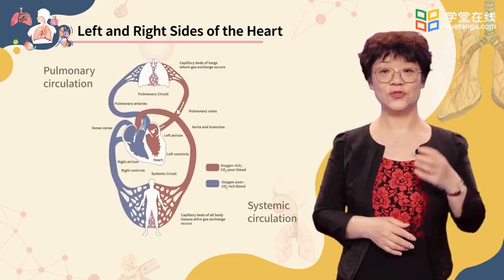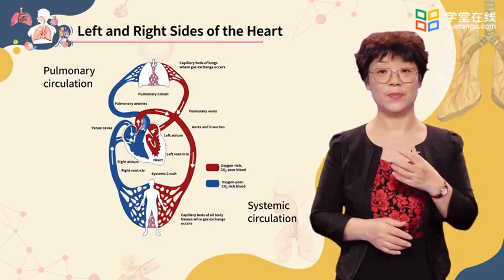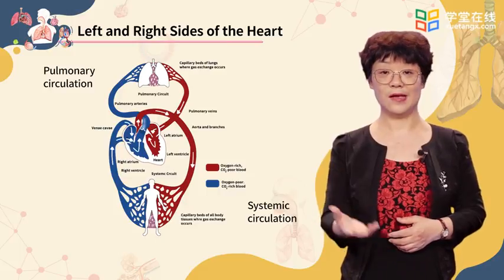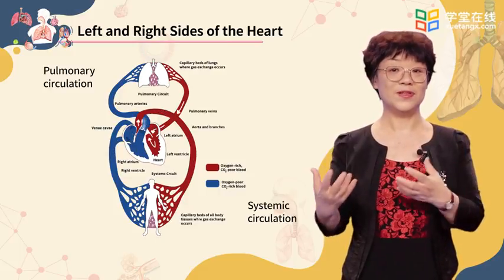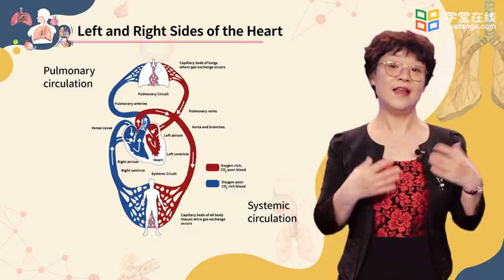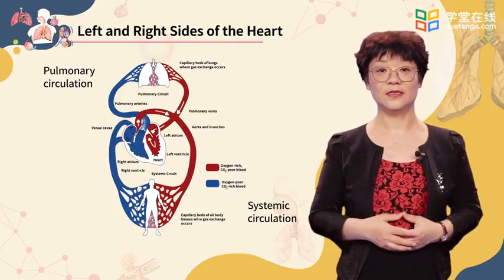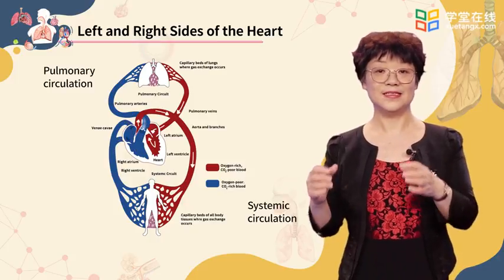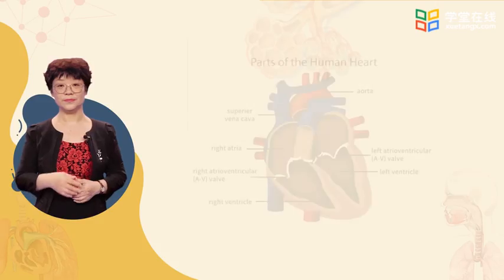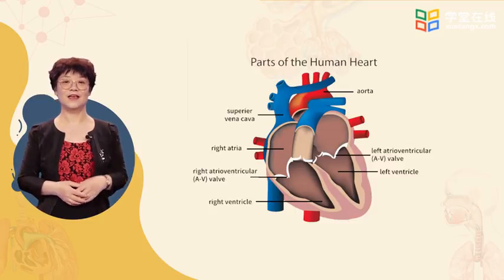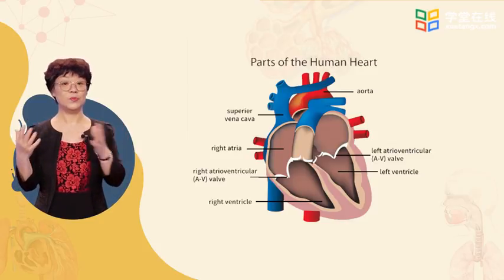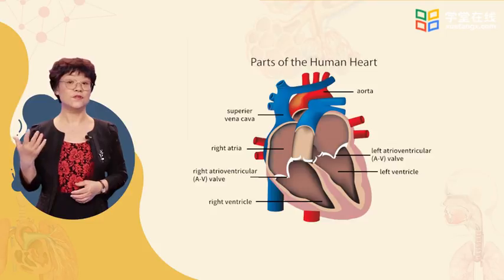The heart is actually composed of two separate parts: the right heart that pumps blood through the lungs, known as the pulmonary circulation, and the left heart that delivers blood to all other organs and tissues, known as the systemic circulation. Each side of the heart has two chambers, an atrium and a ventricle, connected by a one-way valve called the atrioventricular valve.